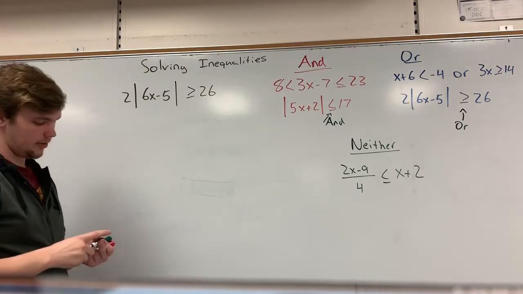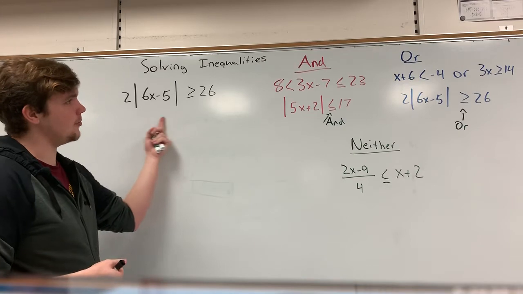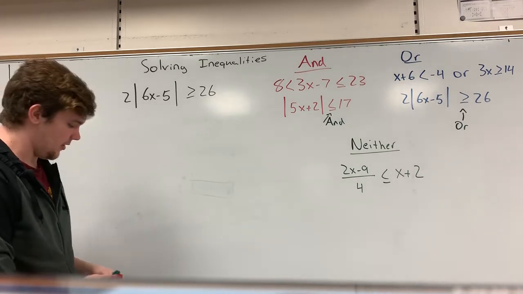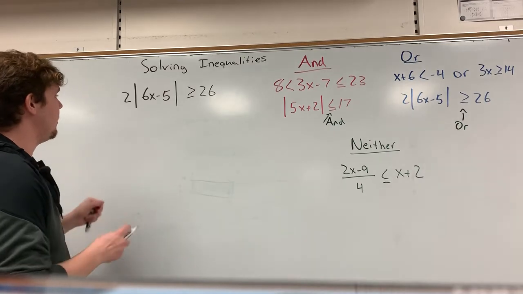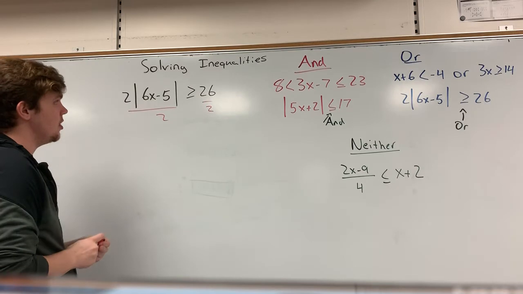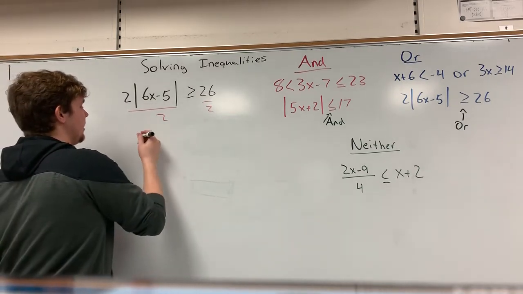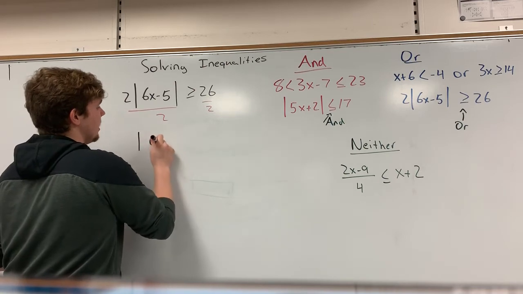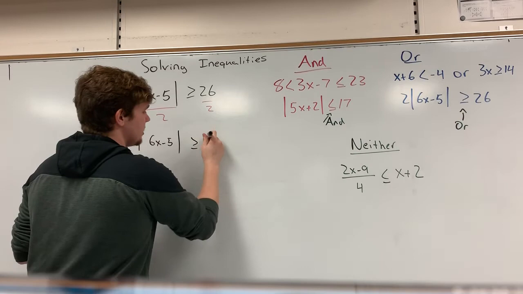Now remember, before I do anything, I need to get this absolute value by itself. So to start the problem, I'm going to remember to divide everything by 2. When I divide everything by 2, I get the absolute value of 6x minus 5 is greater than or equal to 13.